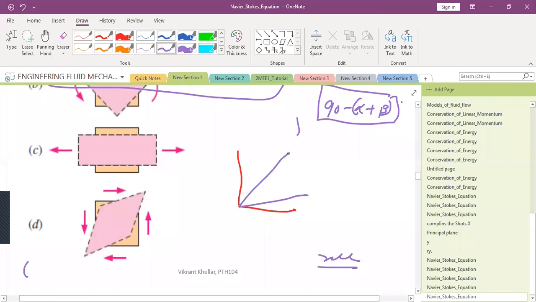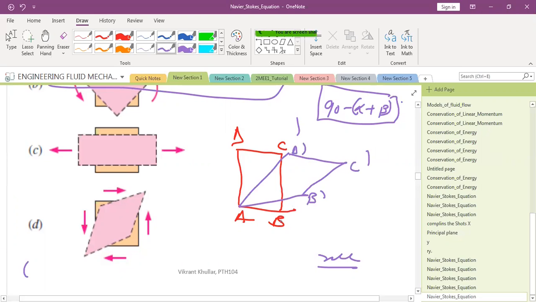So this was the deformed part and this was the original part. So I'm marking this as A, B, C, D, and this is A, B dash, C dash, D dash. I will presume that there is no linear deformation, because otherwise I will not be able to define it.